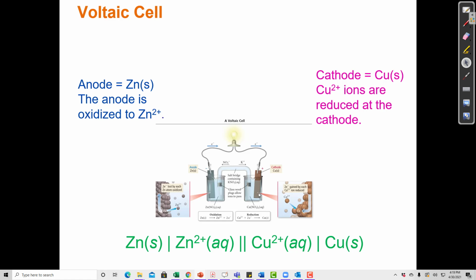And now we'll talk about the other compartment, which is separated by a salt bridge. The double line represents this salt bridge here. And in this one, the electrolyte is copper nitrate, copper 2 plus, right? And that's separated by a phase barrier from the solid electrode here, the cathode, which is made of solid copper. So phase barrier, solid copper.